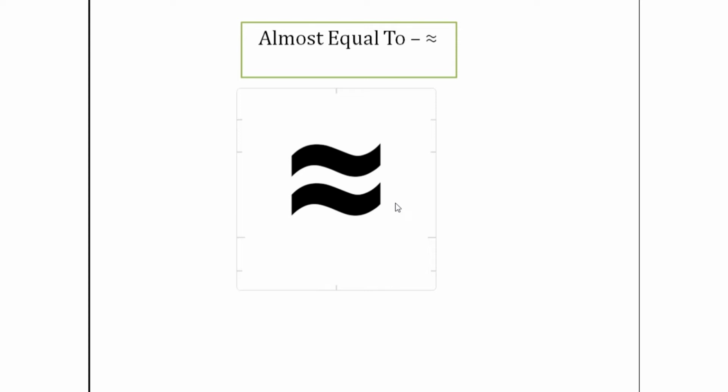It denotes items that are approximately equal. When we are finding out the difference or equality between two digits, this sign is perfect for finding out the equality between two numbers.